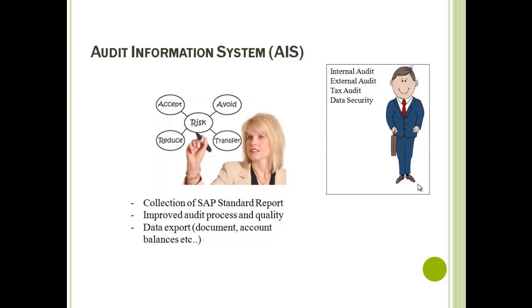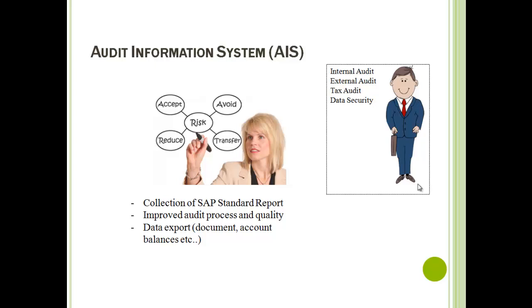So we will be discussing what functionalities are available in AIS, the audit information system, for the system audit. The business audit is a different topic altogether, which we will not discuss here, because you need functional experience to get into the detail of the business requirement, like the documents, how to narrow down the documents and information and find the gap analysis in financial settlements.